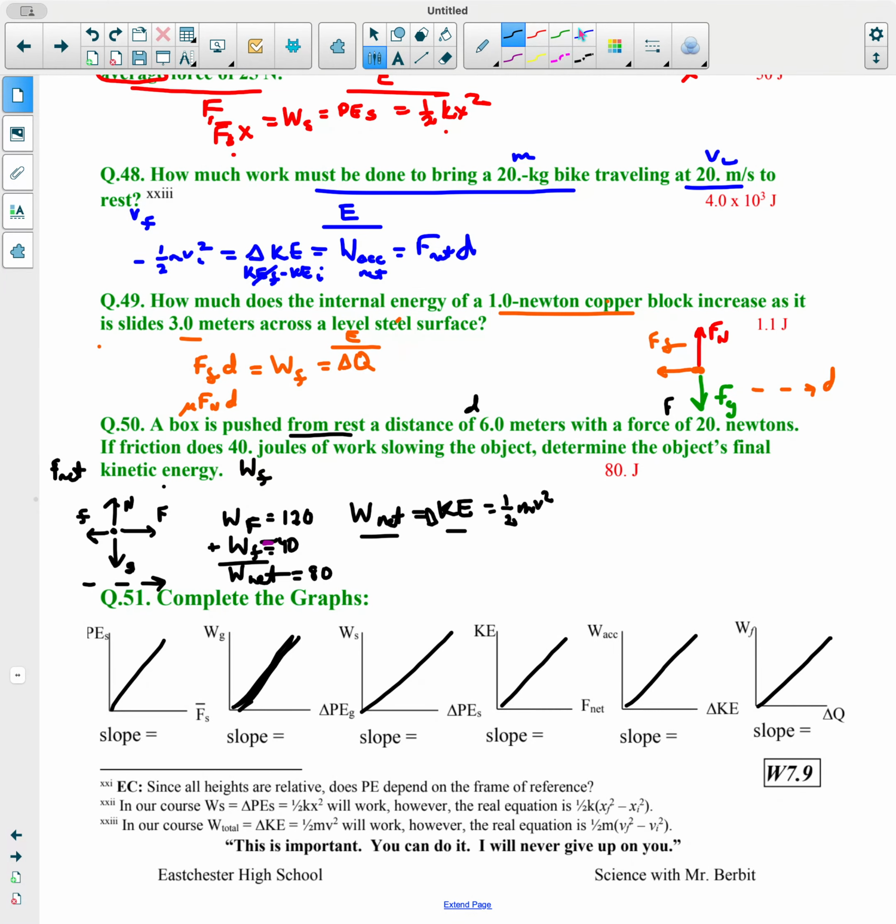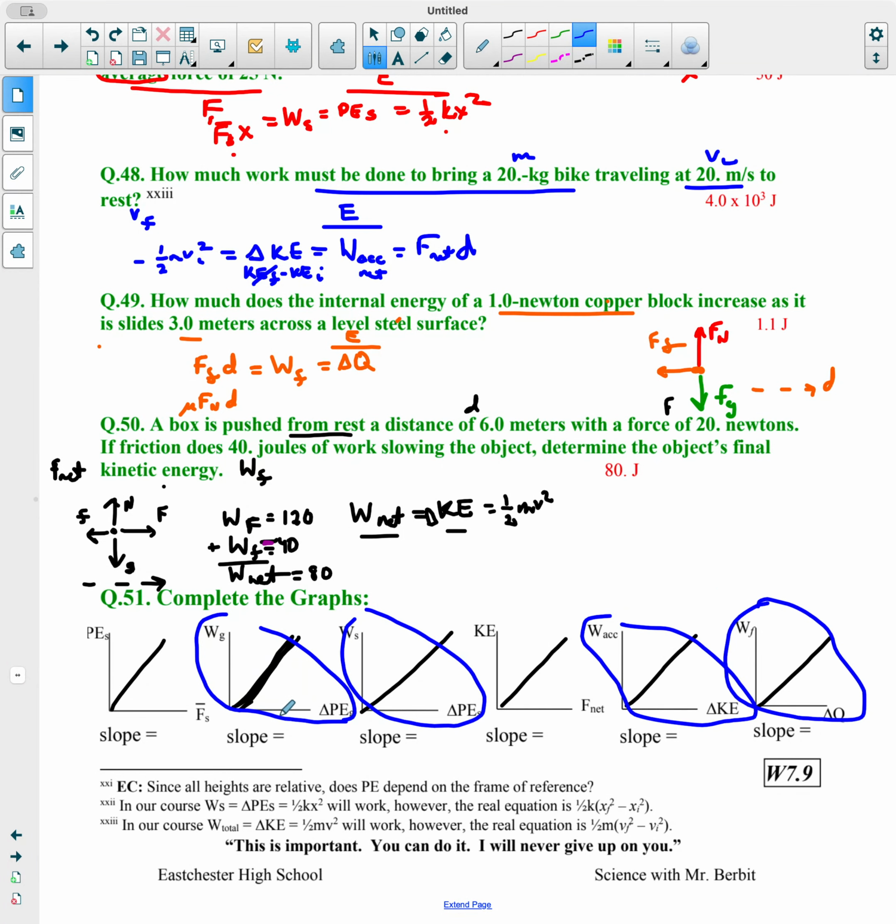Now, very important here. The slope of this graph, this graph, this graph, and this graph. I might ask you this. These are literally the same thing. So if WG is delta PEG, then the slope would be WG over delta PEG.